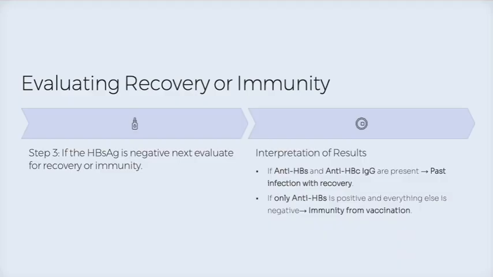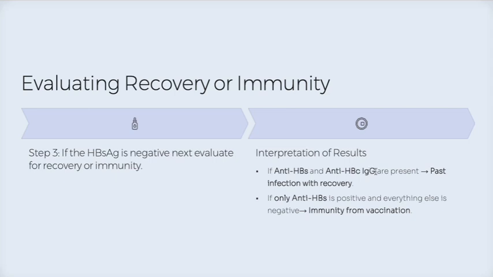Moving on. What if the HBsAg is negative? The next thing we look at is whether this patient is in recovery or has immunity. The way we do that, we look at anti-HBs and anti-HBc IgG. Remember, S stands for sick, so this is anti-sick, and the anti-HBc IgG is present. If both of these are positive in the question, we are dealing with a past infection with recovery.